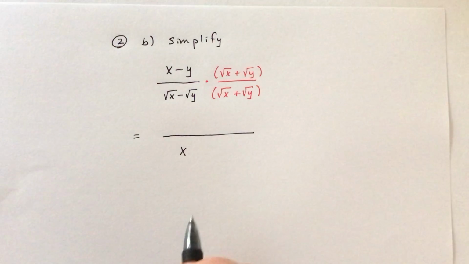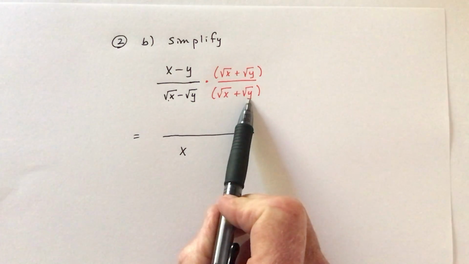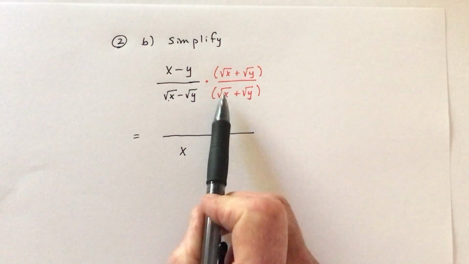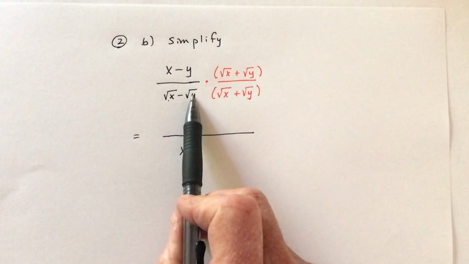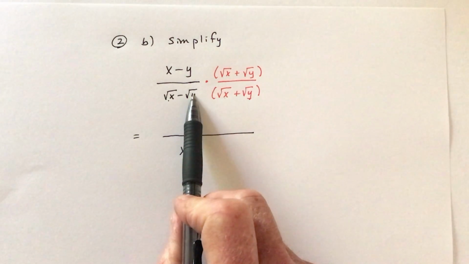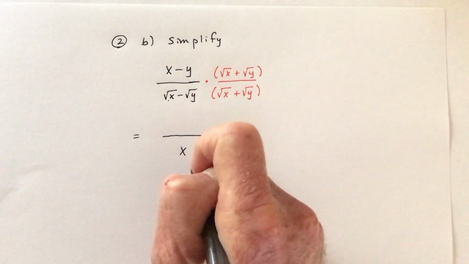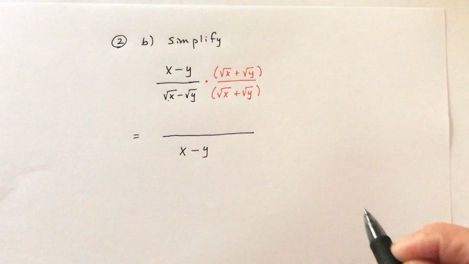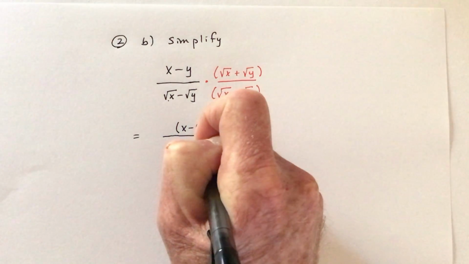And for the conjugate, the middle terms are going to cancel because this one times this one would be positive square root of xy. And this one times this one would be minus square root of xy, so they cancel. So the only thing left is the last one times the last one, and a square root y times a square root y will just be y, but then it's also going to be a negative. So it's actually going to be minus a y. And on top, I'm just going to copy it down again. Do not multiply out the top.